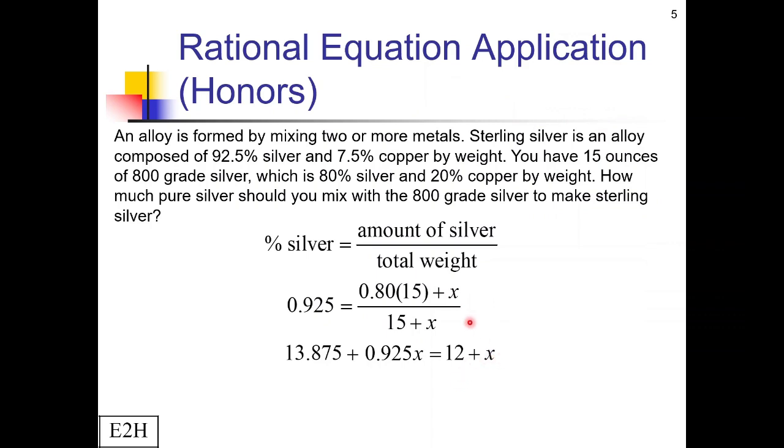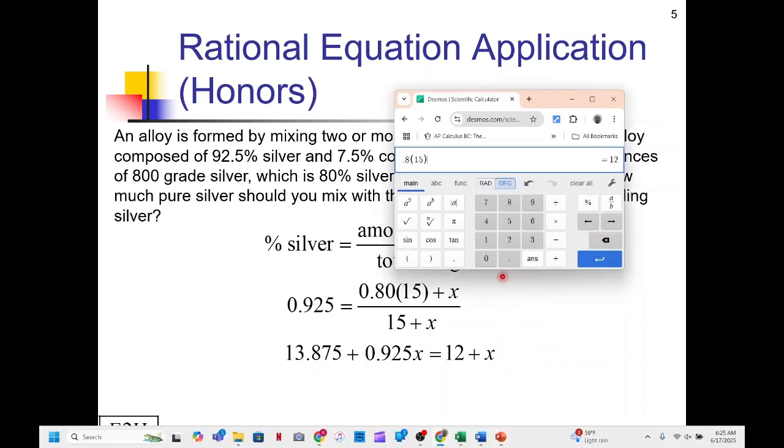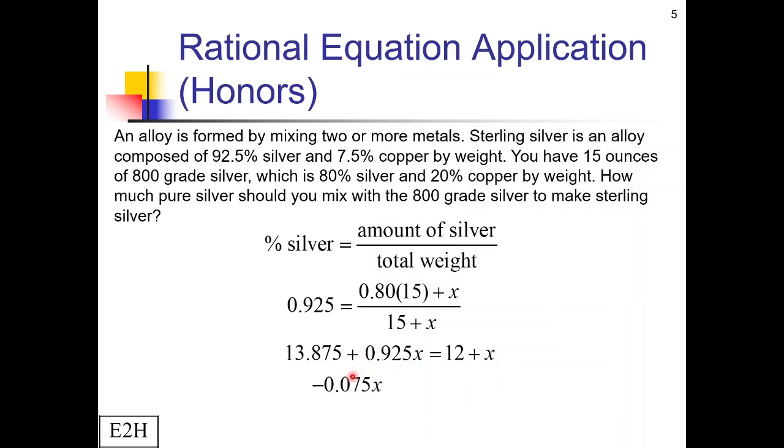Okay, that's not so bad. So I'm going to get my x's on the left, numbers on the right. It doesn't really matter which way we roll at this point as long as we're consistent about it. So 0.925 minus 1x is going to be what? 0.925 minus 1 is negative 0.075. So we have negative 0.075x on the left side, and then we're doing 12 minus 13.875.